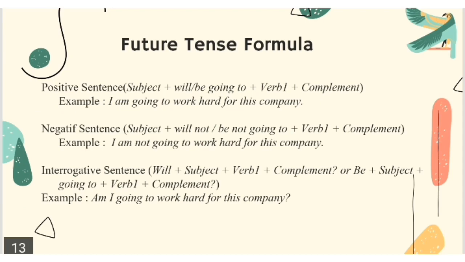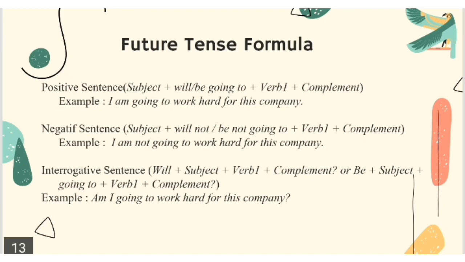For positive sentence, there is subject plus will or be going to plus verb 1 plus complement. For example, I am going to work hard for this company. For the negative sentence, there is subject plus will not or be not going to plus verb 1 plus complement.